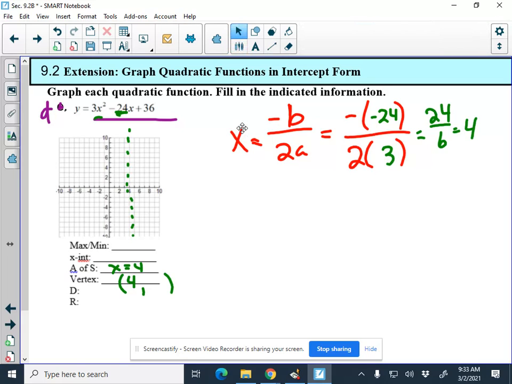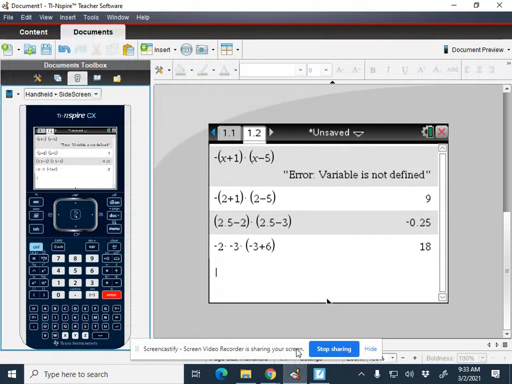We have to then take that 4 and substitute it back in. It's a throwback question. 3x squared minus 24x plus 36, but of course we're not doing x, we're putting in 4.